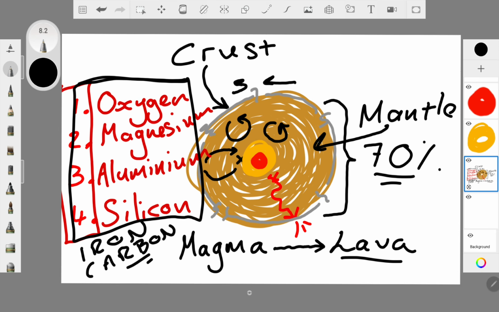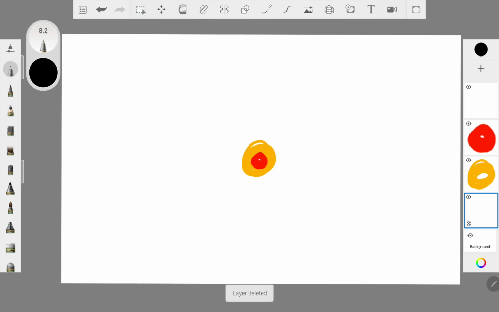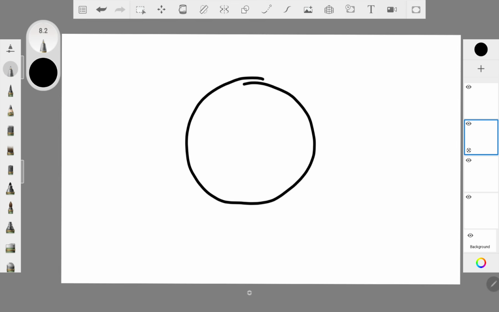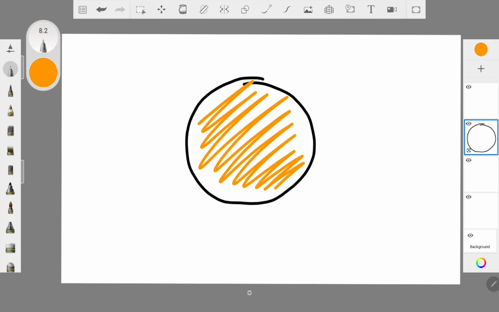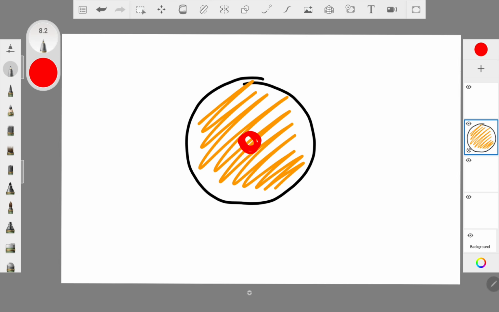Now, just one little thing that's relevant to this. Let's just go back a bit. Remember, we're talking about how the Earth has this big crust up here, and then inside, there's the mantle. Then at the very centre, we have the outer and inner core.